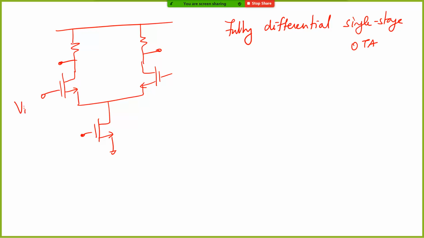So you have V in P and V in M, this is R, and this is some bias voltage. Now we need to figure out which terminal is positive and which terminal is negative. Can you guess? I have two output terminals. Which one can be labeled as V out P and which one as V out M?